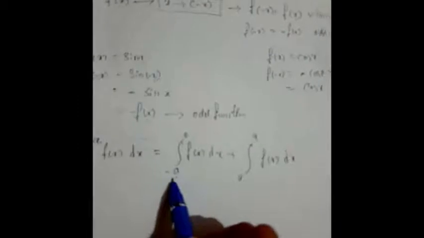Look at the second term of the integral: lower limit is 0, upper limit is a, so it's fine. But here minus a to 0 is there. We have to rearrange the first integral only, that is minus a to 0 of f of x dx. So I'm going to substitute x is equal to minus t in the first integral only.